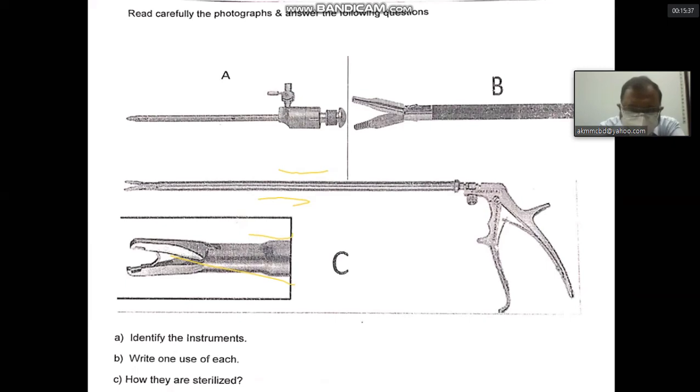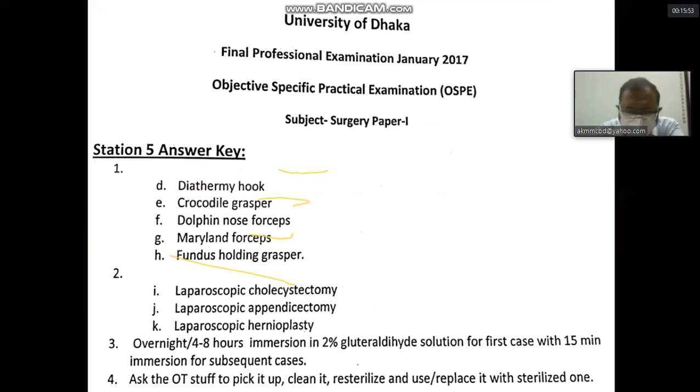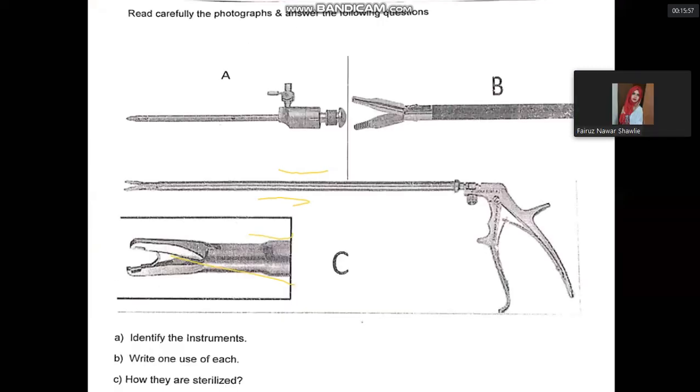Number B is... what is the name of this instrument? Grasper, it is okay, but there is a special name of this instrument. It is dolphin grasper. Dolphin nose forceps.